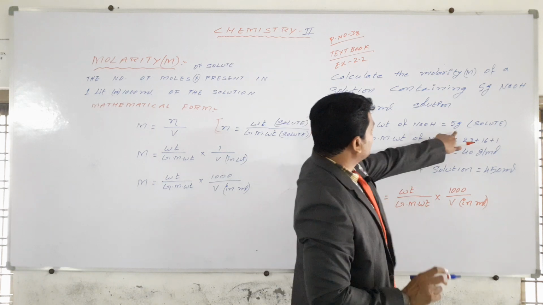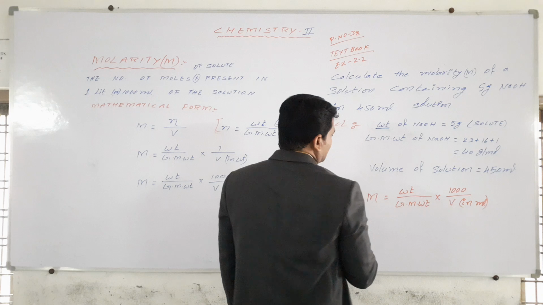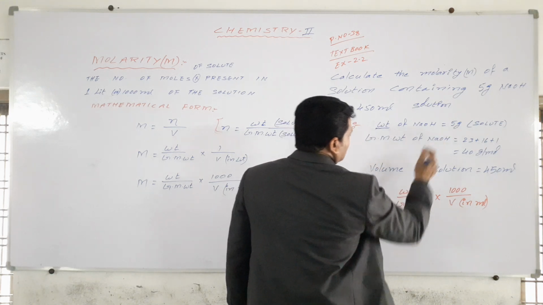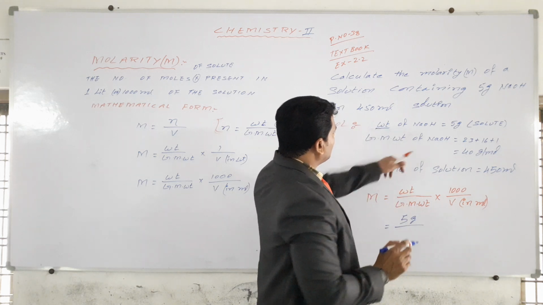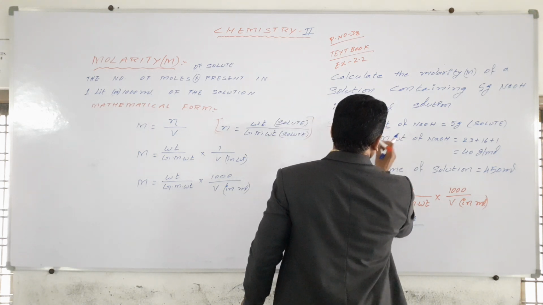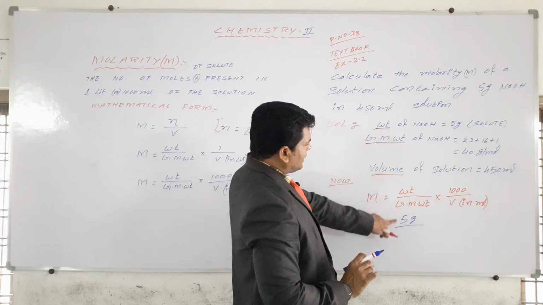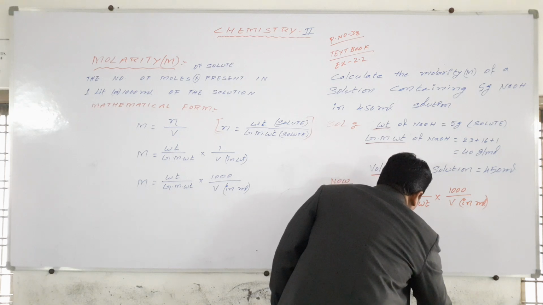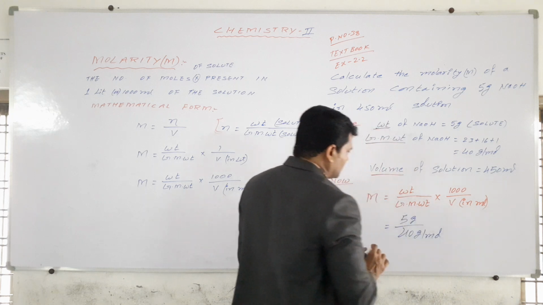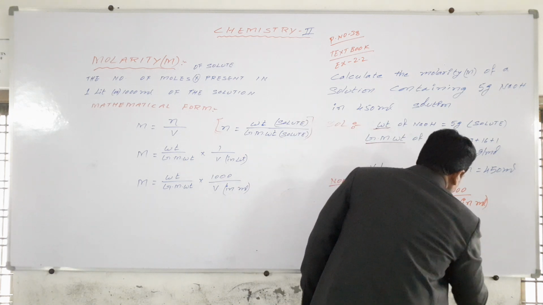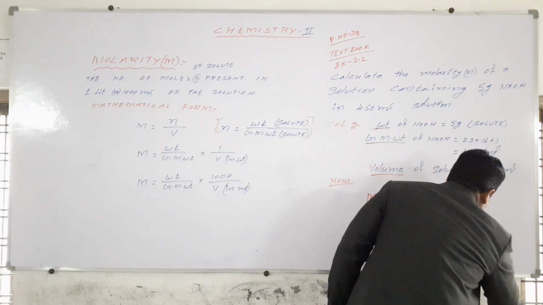Weight is 5 grams, gram molecular weight is 40 grams per mole, and volume is 450. So 5 by 40 into 1000 by 450.